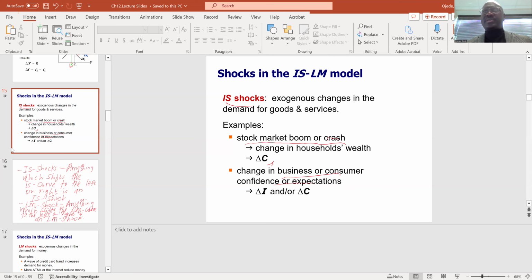We already discussed this. So anything that will shift the IS curve, including fiscal policy and things that could affect consumer confidence and business confidence, will lead to a shift of the IS curve, whether to the left or to the right, depending on the direction of movement of those variables.